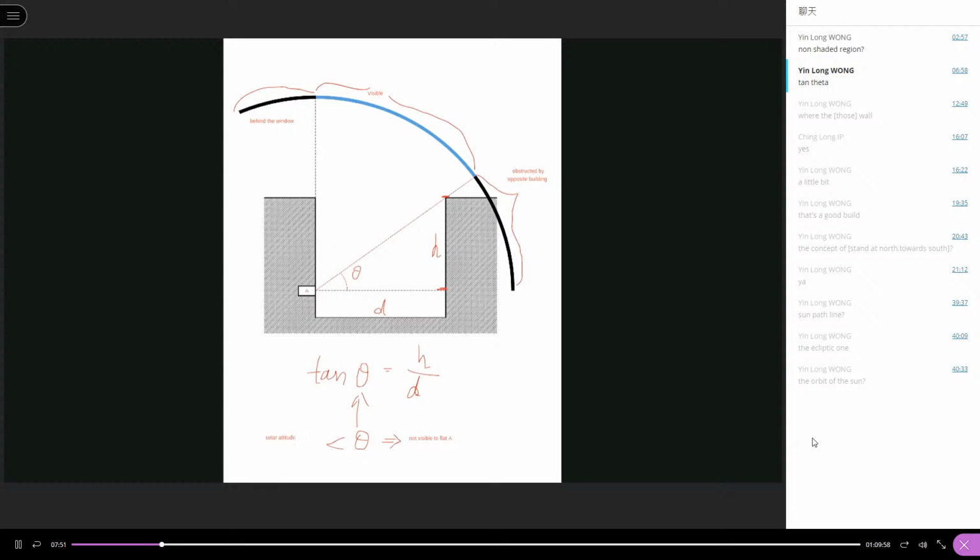So for the part of the sky with altitude angle smaller than theta, it will not be visible to flat A.